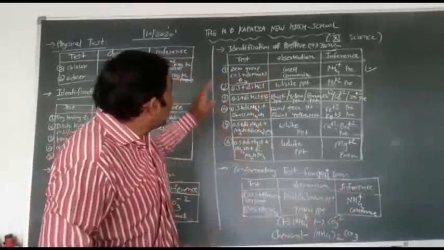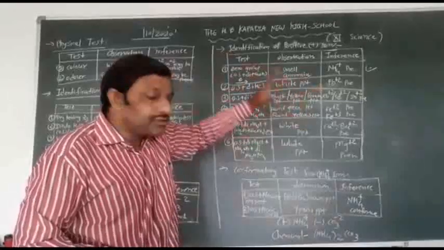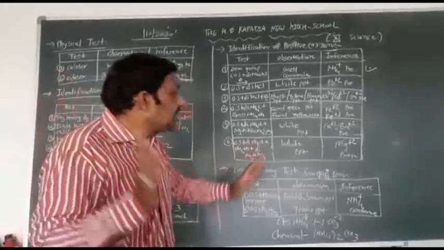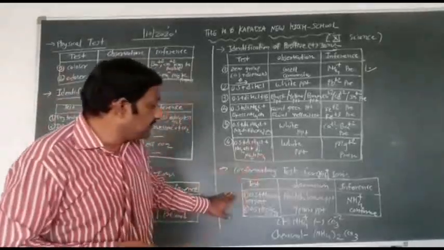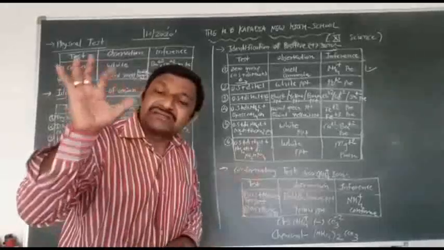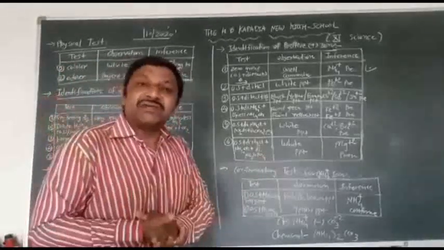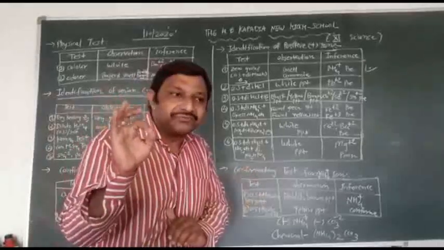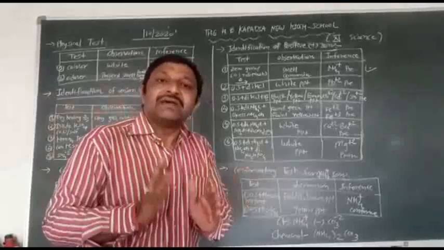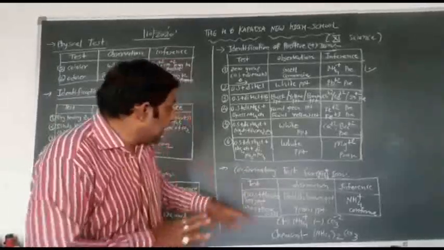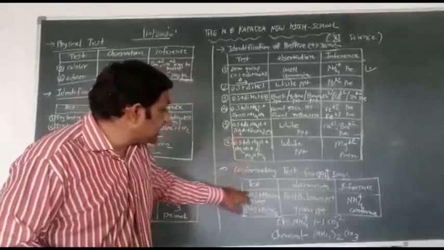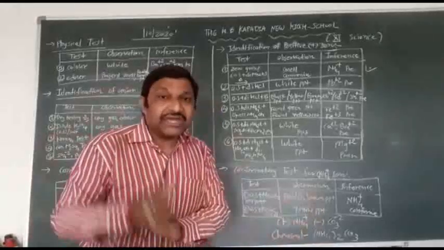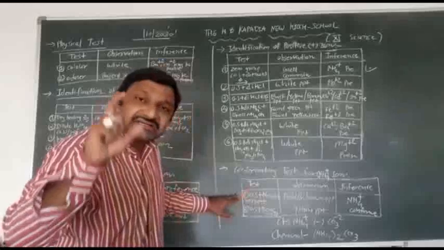Clear? Then after identification of positive ion, you have to perform the NH4 plus confirmatory test. In the confirmatory test you have to perform two tests. OS plus Nessler's reagent. Now a very important thing: I will prepare Nessler's reagent here, and you have to observe carefully how to prepare Nessler's reagent. In the confirmatory test, OS plus Nessler's reagent, you will get reddish brown precipitate.